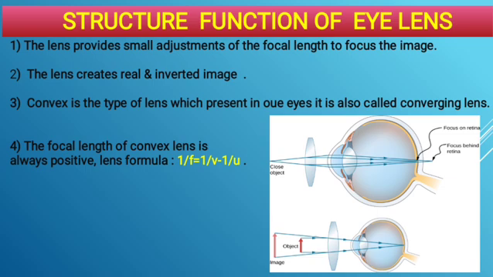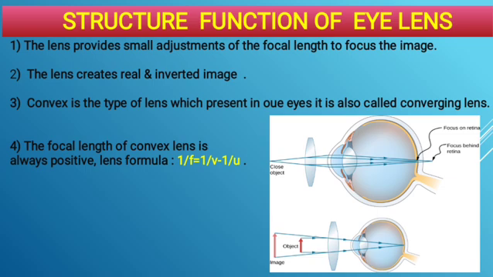This is how we can see objects clearly irrespective of their distance. In both figures, the nearer and the far object, the rays are incident on our lens, and the lens is able to converge them on the retina screen.